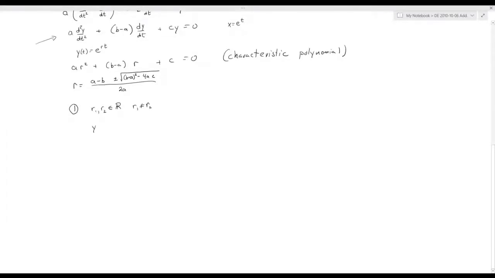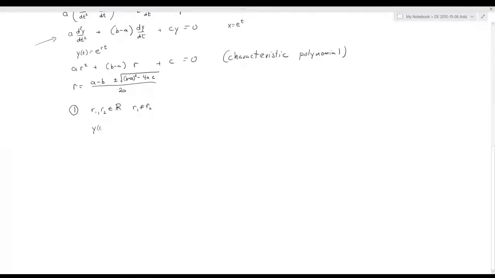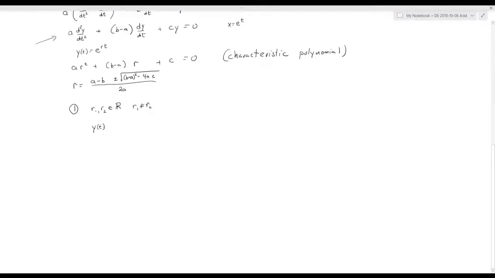So the solution to this differential equation with constant coefficients, here we have y as a function of the independent variable t, e to the r1 t, and the second function in our fundamental solution set is e to the r2 times t. These are linearly independent because the roots are distinct.